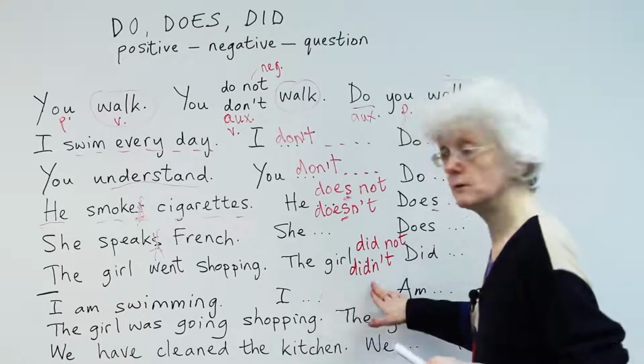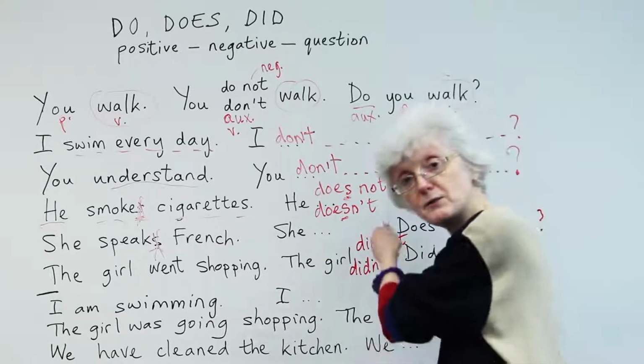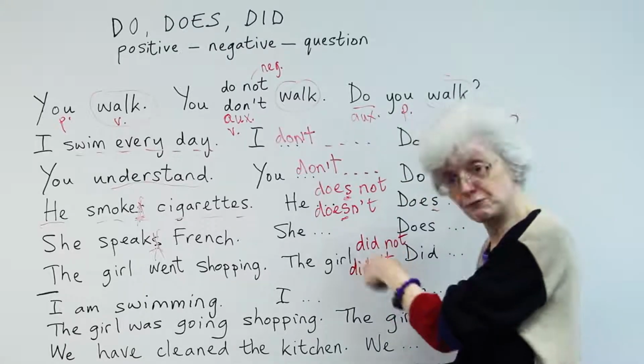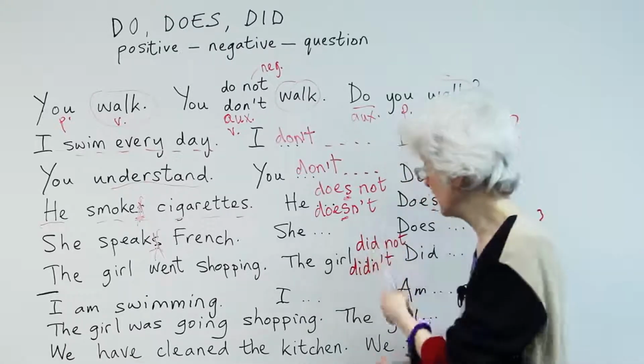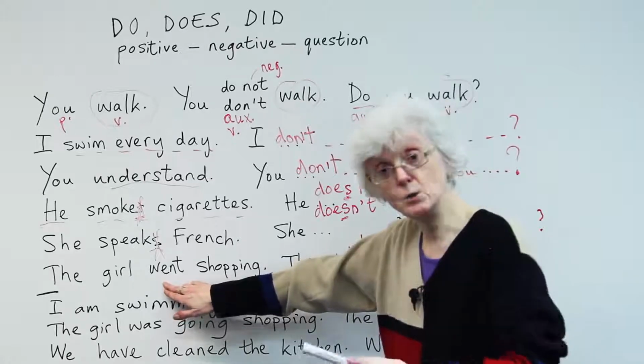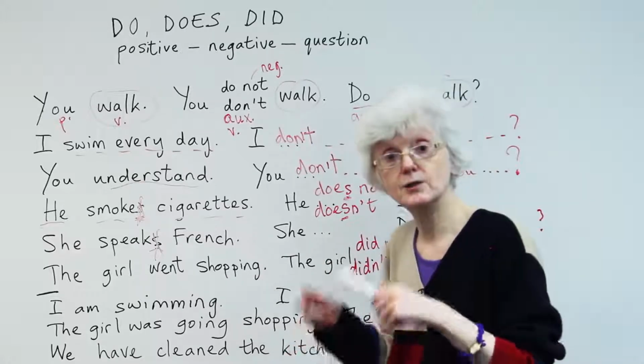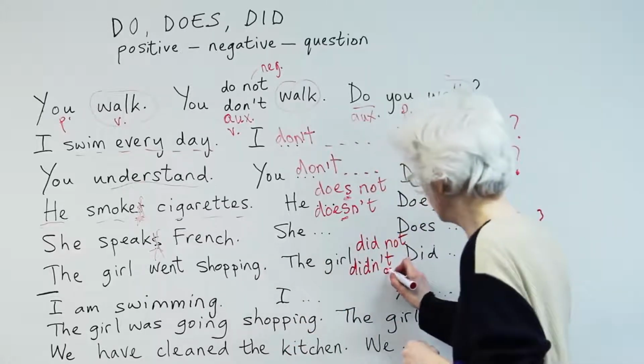Okay, the girl didn't. And then because we've got the past tense of do, didn't, we have to change this to go shopping. The girl didn't go shopping, right?